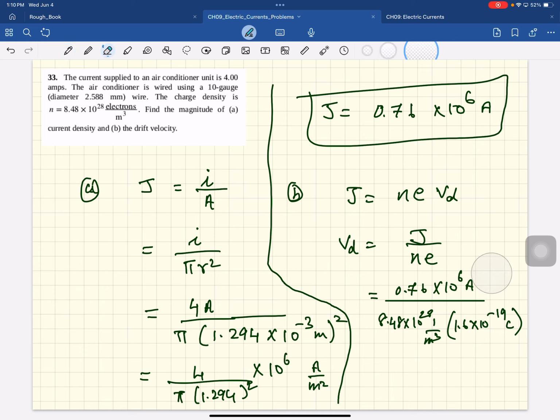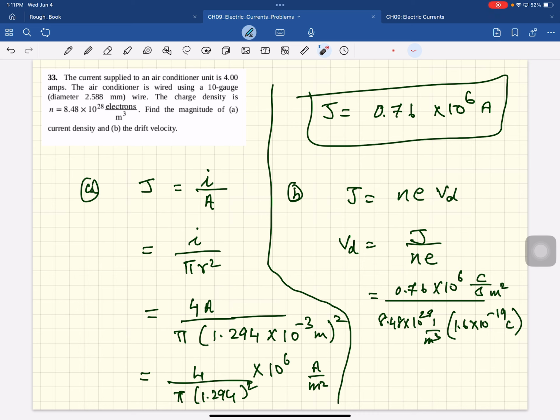And amperes is coulombs per second, so the coulombs will cancel. Oh, no, this is per meter square. Current density is amperes per meter square. So you get meters per second for the drift velocity.